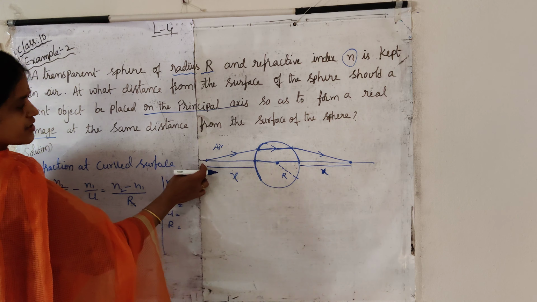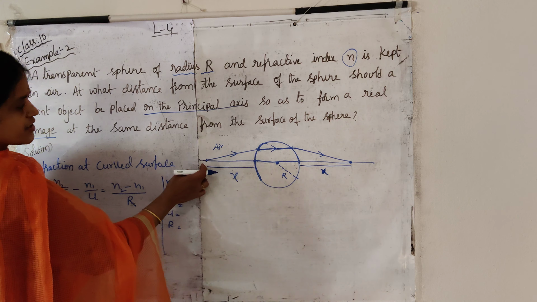Sorry, leave it. We don't want this. We have to find out this part only. So here when the light travels, the refraction of light here, it is parallel to the principal axis. After the refraction, the refracted rays are parallel. Then we will get the image at infinity.